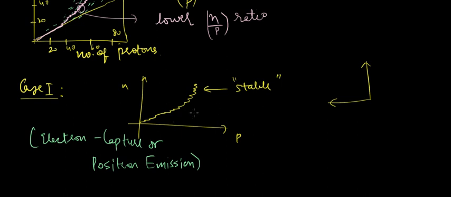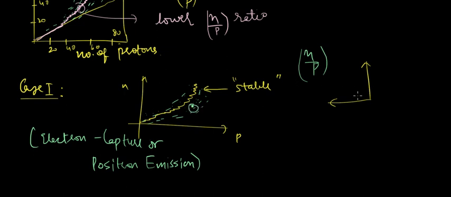As this is the band of stability, we have many such curves tending to or nearer to this band of stability. Suppose this is for positron, so the condition is that the n by p ratio is lower. When the n by p ratio is lower, the denominator is higher, so p would be more than n.